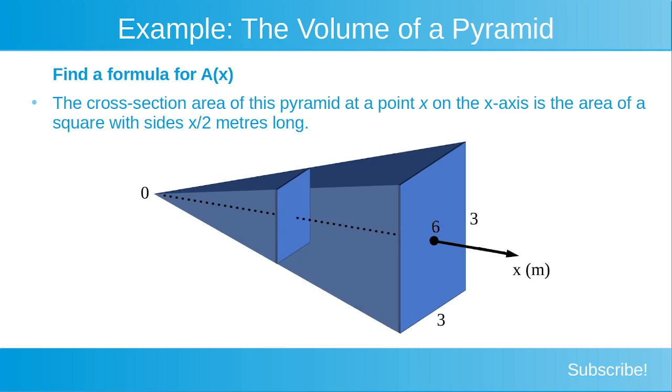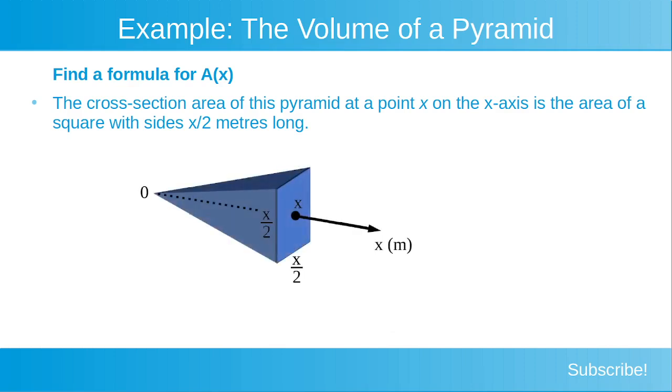So at the point where x is equal to 6, its sides are 6 divided by 2, it's 3 meters long. At the point where x is equal to 4, its sides are 4 divided by 2, 2 meters long. And at the point where x is equal to 2, its sides are 2 divided by 2, 1 meter long.